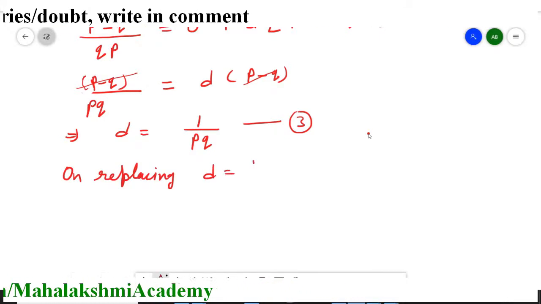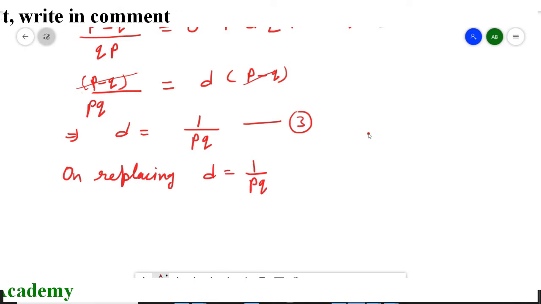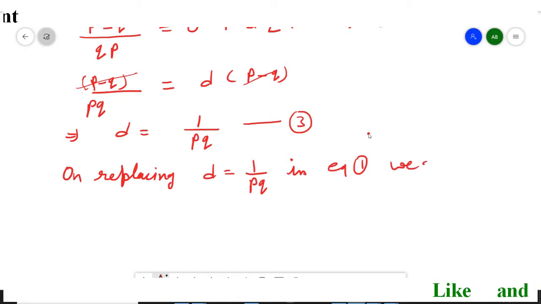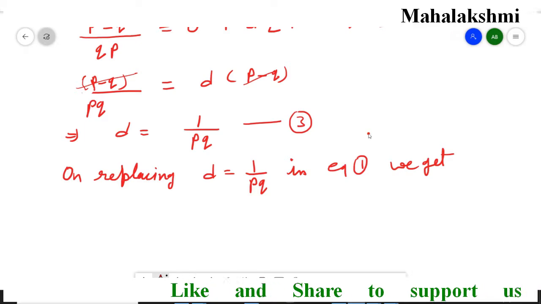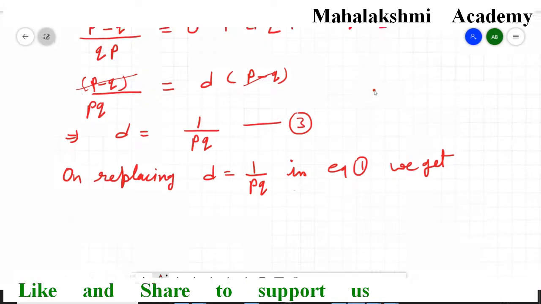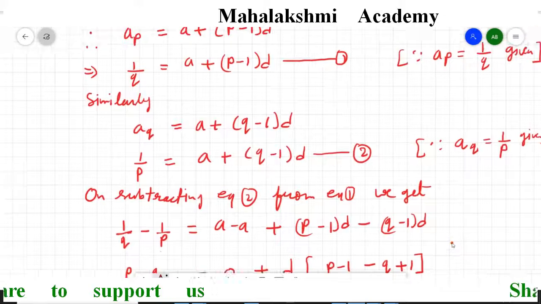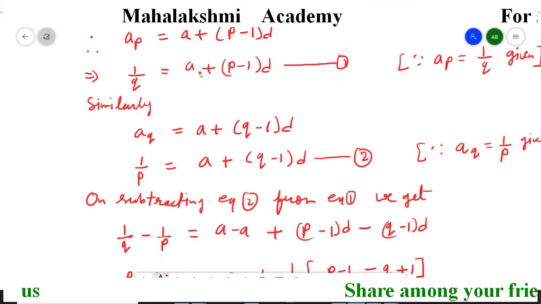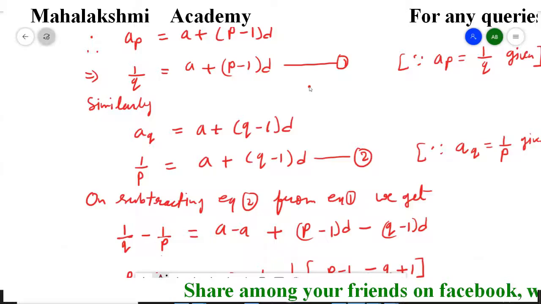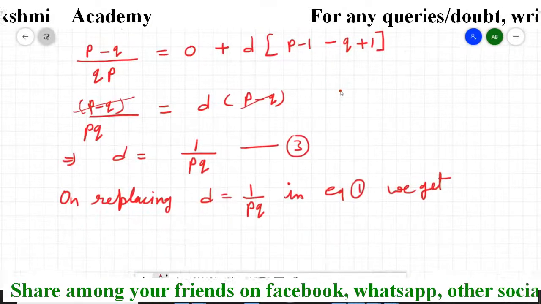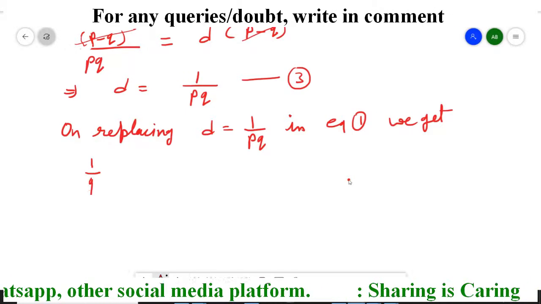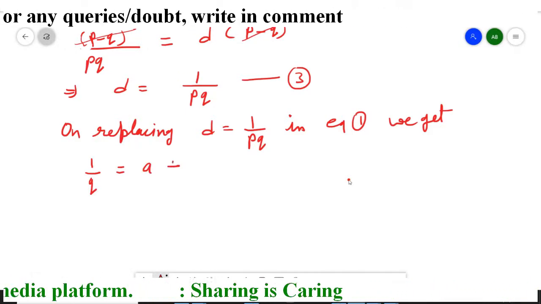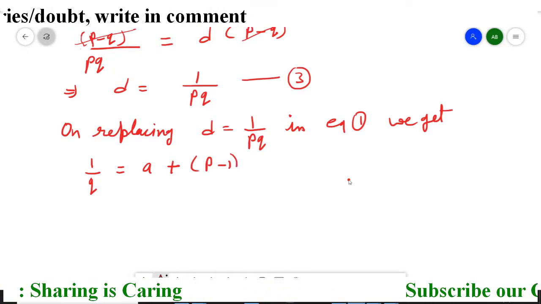Replacing d equal to 1 upon pq in equation 1, we get, so I have to write down equation 1 here. Equation 1 is 1 upon q equal to a plus p minus 1 d.